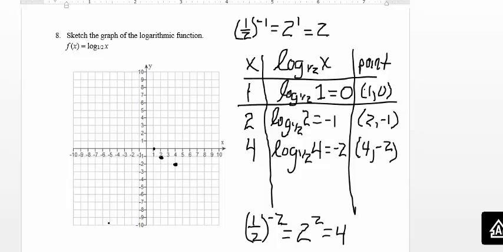So it actually turns out that my graph is going to look something like this. Alright, and let's go into Mathematica and graph that.